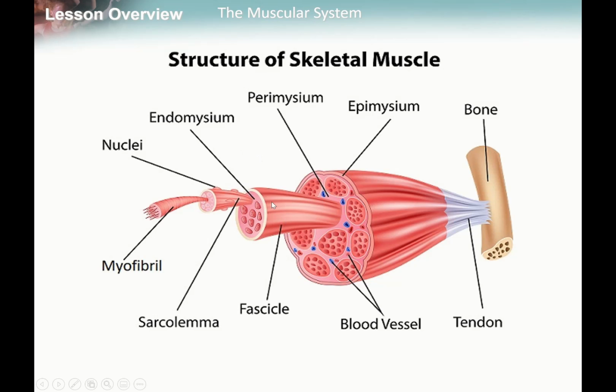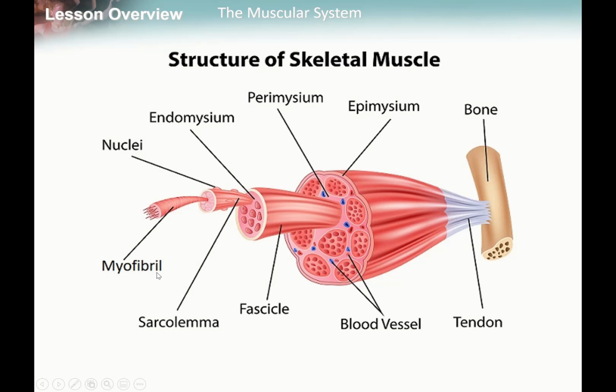And as we zoom even deeper into those individual muscle fibres, we see here that again another layer of connective tissue known as the endomysium, endo meaning within the muscle, surrounds each individual muscle fibre. And these individual muscle fibres are known as myofibrils.